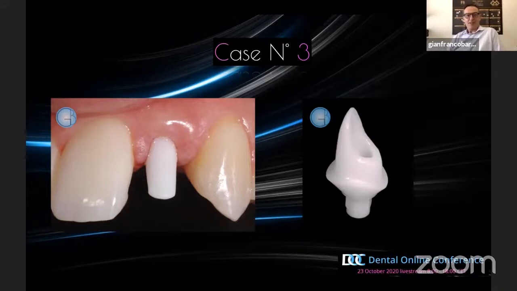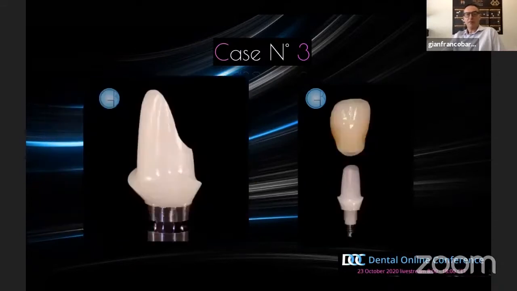And this was the same procedure with a scan abutment, an abutment made with digital design and made by a milling center. When it arrived, we modified something in the shape to reach a good gum design.